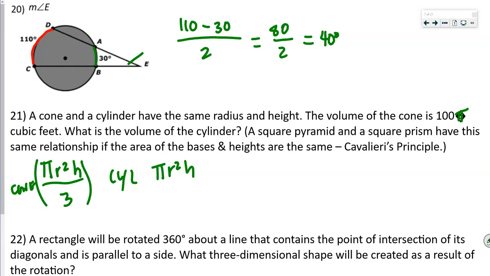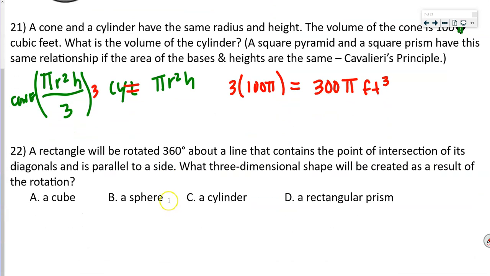Wouldn't we have to multiply this right here by 3 to make it equal to that? We would. Okay, so that's exactly what we're going to do. So we're going to go 3 times the 100 pi. So that is 300 pi, in feet cubed. Make sense?